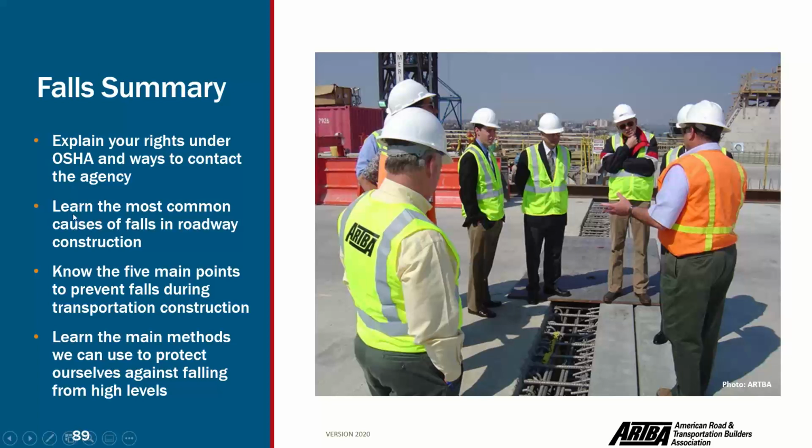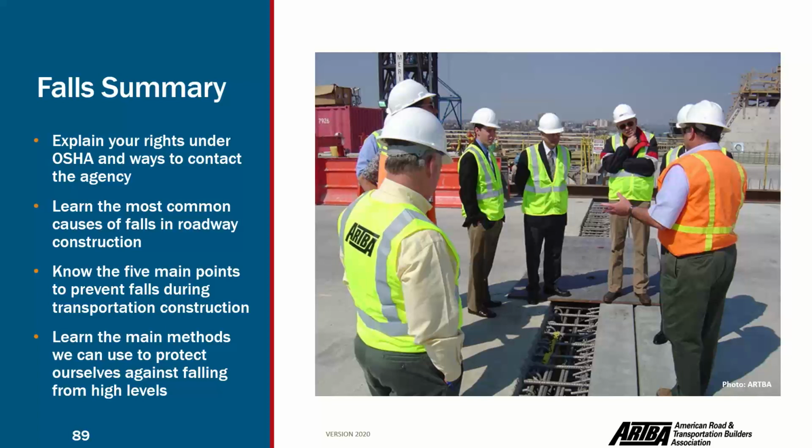So then we learned the most common causes of falls in roadway construction. We were talking about falling from the same level, falling from equipment, and falling from high altitude. Okay, and then we learned the 5 main points to prevent falls during transportation construction. Actually, these main points apply to different situations. The points are: first, do a hazard analysis.